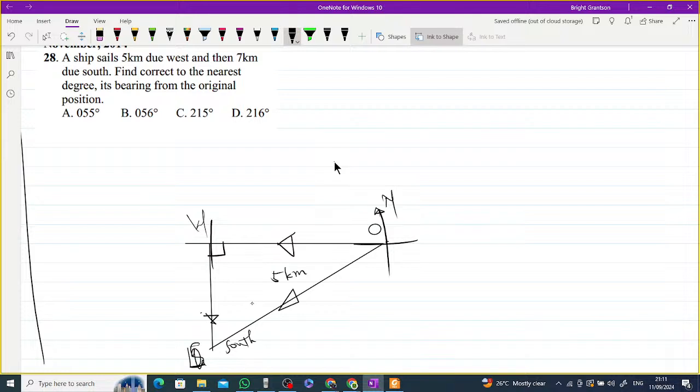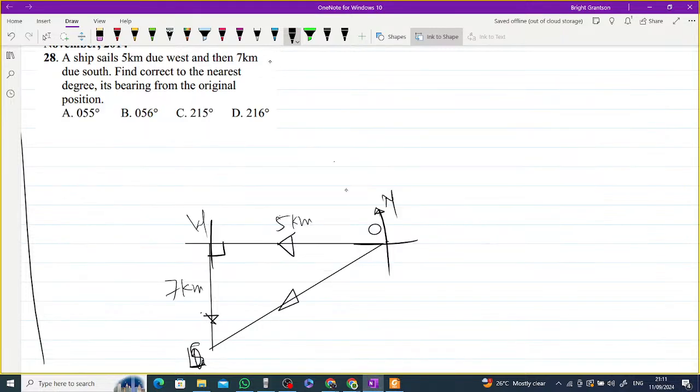So they say find, correct to the nearest degree, its bearing from the original position. Now, if from here to here is 5 kilometers and here is 7 kilometers due south, it means you can use what? Pythagoras theorem or SOHCAHTOA to find the angles and all those things. Do you understand?